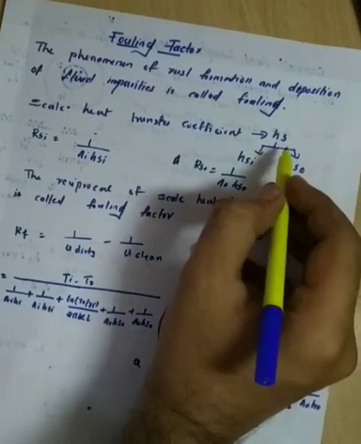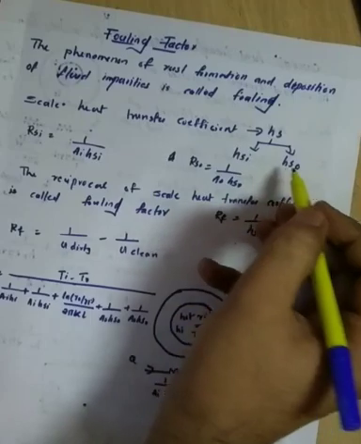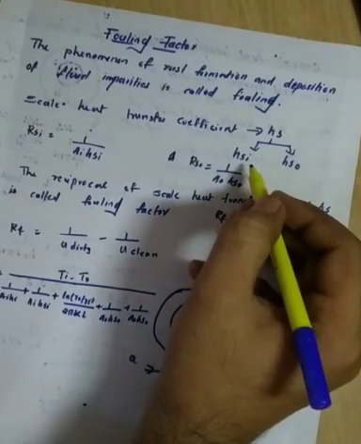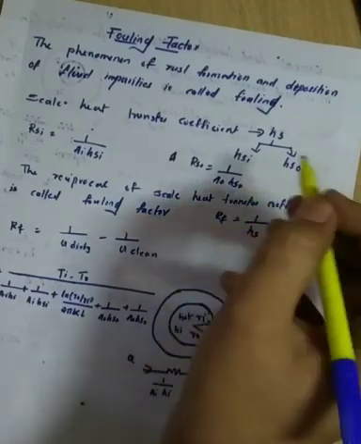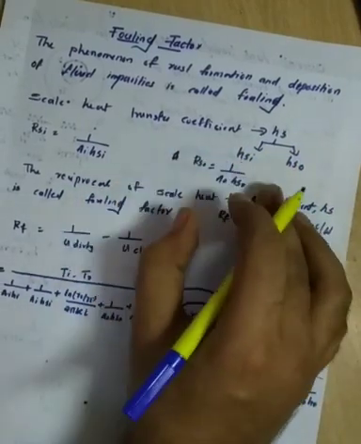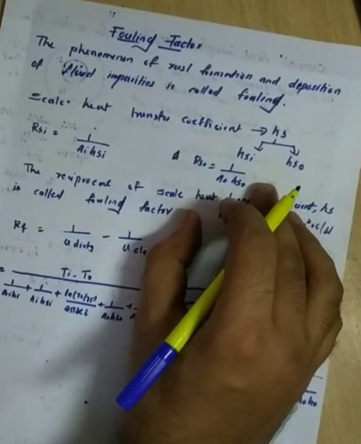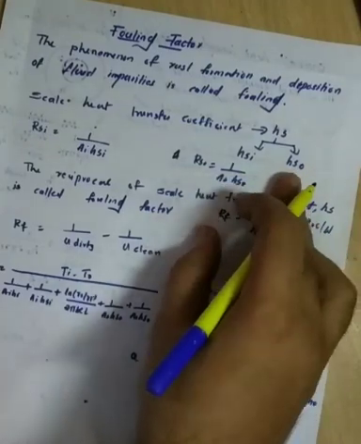So hs can be represented in two types. The first one is hsi. hsi is the heat transfer coefficient of scale deposit forming inside of the heat exchanger, and hso is the heat transfer coefficient of scale deposit forming outside of the heat exchanger.